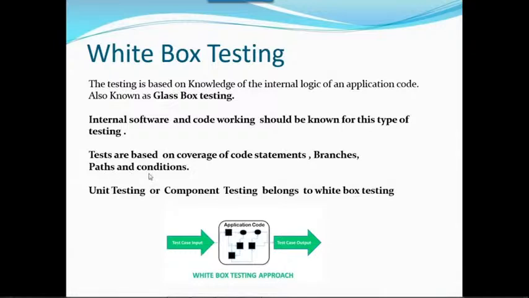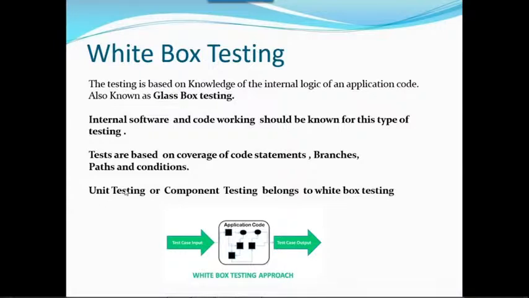The test is based on the coverage of code statements, branches, paths and conditions. The developer always tests all these things: whether the code statement is working correctly, branches are working correctly, paths are working correctly, conditions like if conditions are working correctly. Generally, white box testing we can call unit testing.